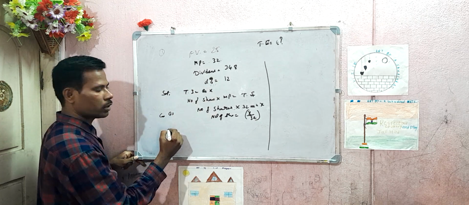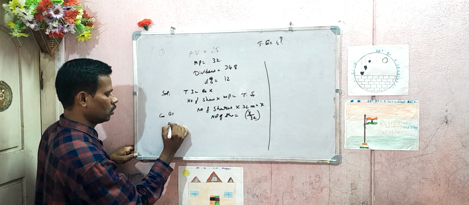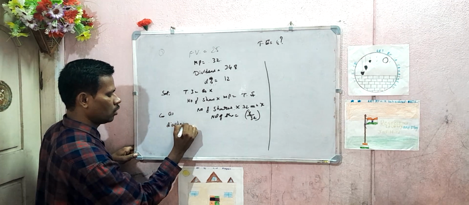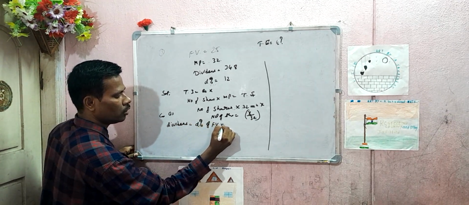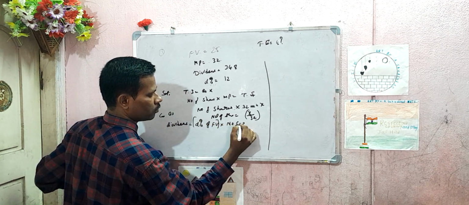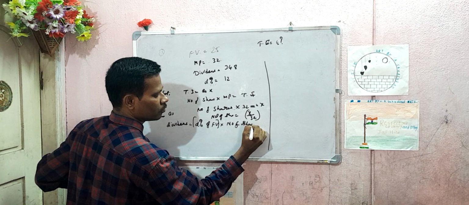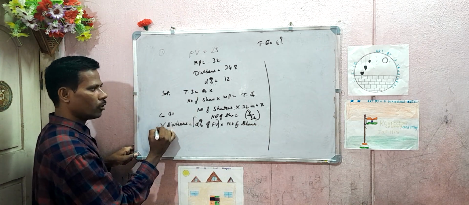How will you get dividend? Dividend is equal to dividend percentage of face value into number of shares. This is another formula you need to remember.